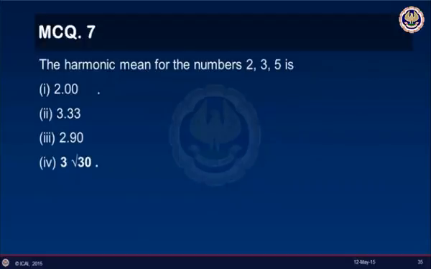Now, the harmonic mean of the numbers 2, 3, 5 is, the options are 2, 3.33, 2.90, and square root of 30. Three numbers are given.